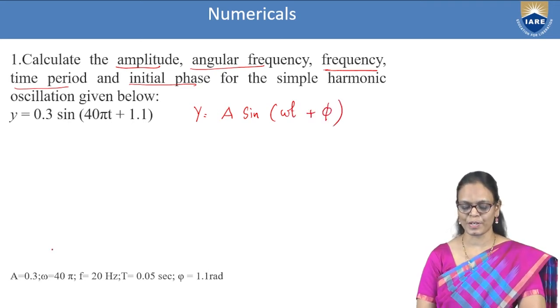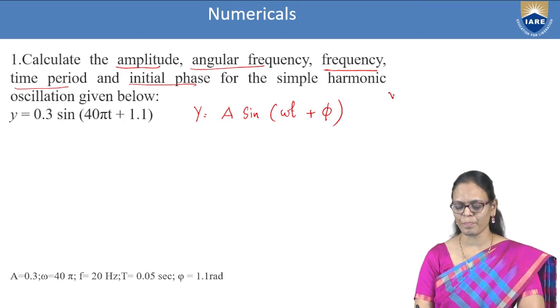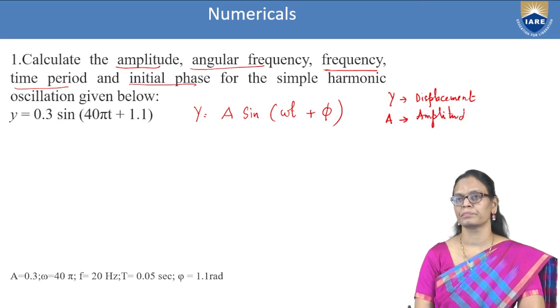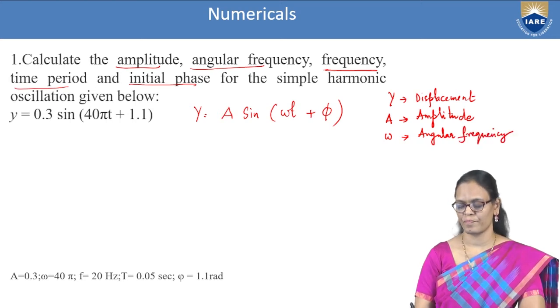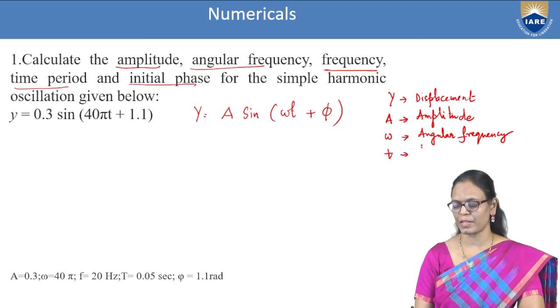So this is the general expression where y represents the displacement, a represents the amplitude, omega is the angular frequency, t is of course the time, at any instant of time we calculate, and phi is the initial phase. Phi represents the initial phase.